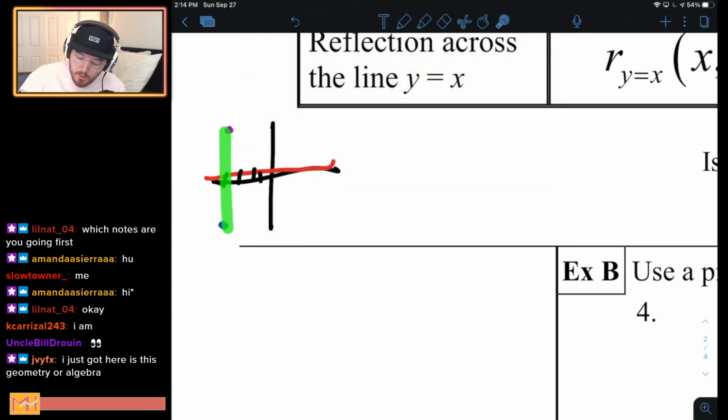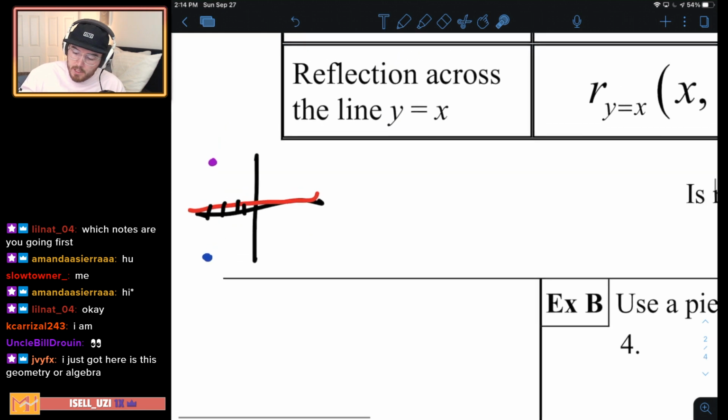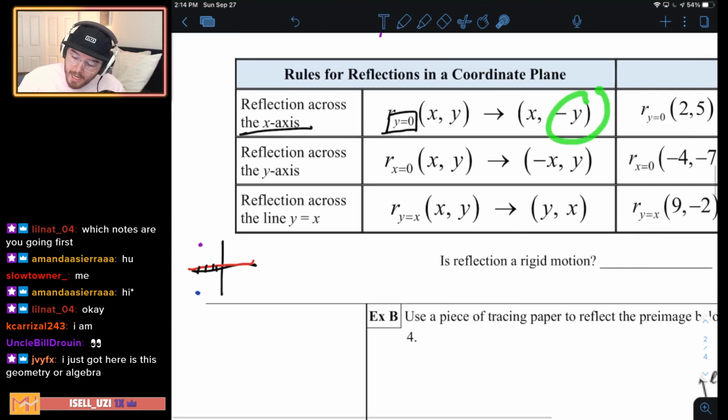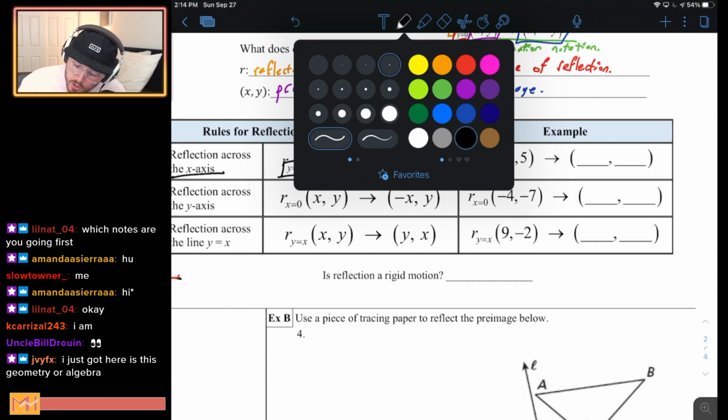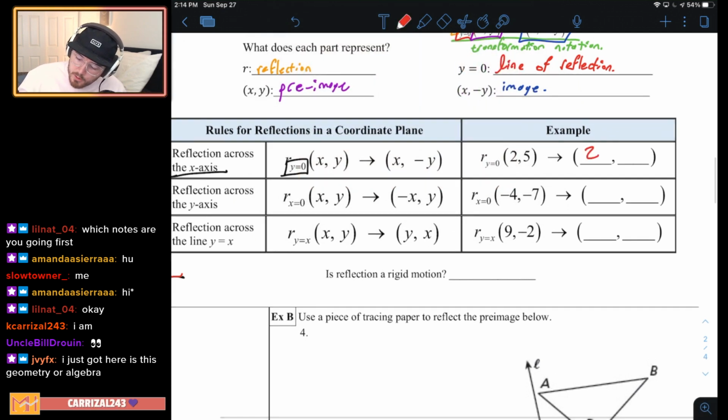The x value is the same, but as it gets flipped across, instead of being up here at, let's say, +3, it's now down here at -3. So that's why the y value has been flipped. The x value stays the same, but the y value changes. So for example, when you reflect the point 2, 5, it becomes 2, -5.